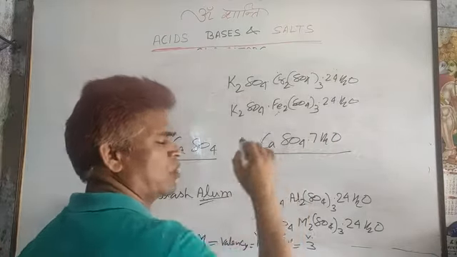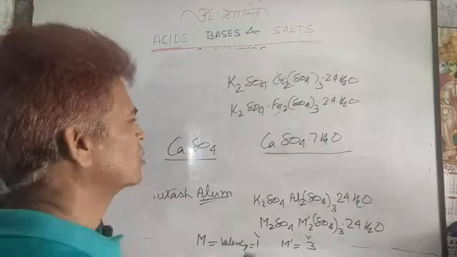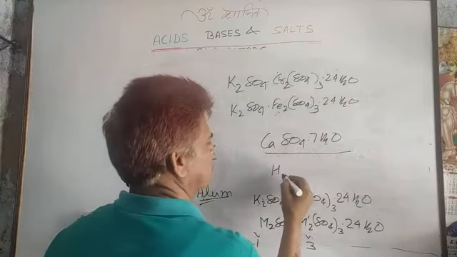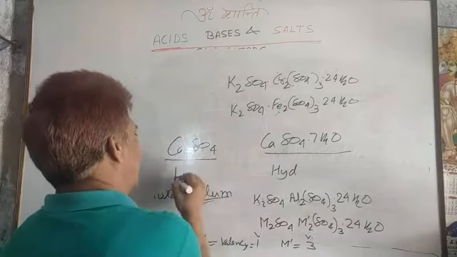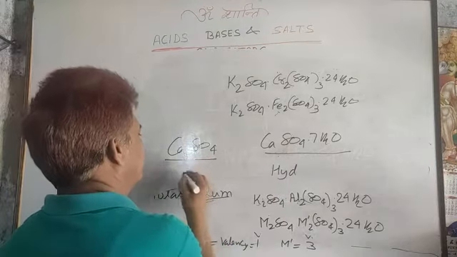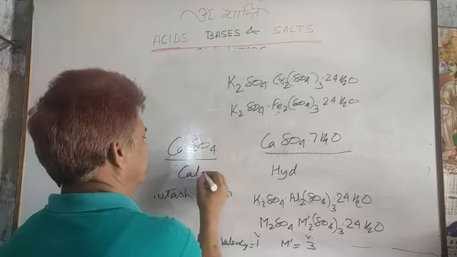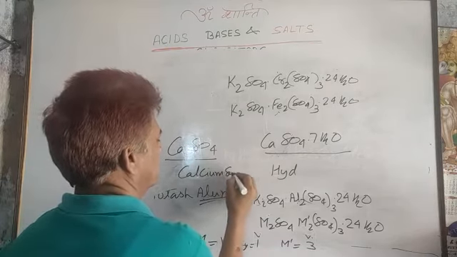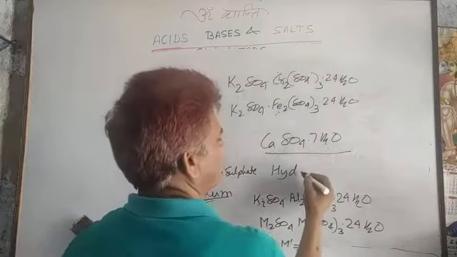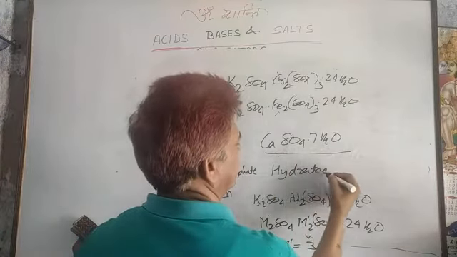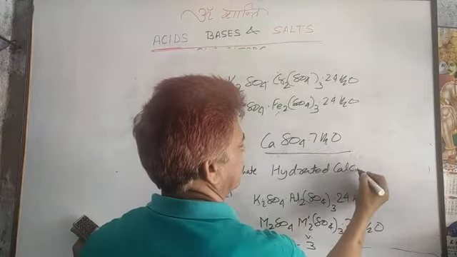Here 7 water molecules are associated together, so it is known as hydrated calcium sulfate. Simply it is known as calcium sulfate, and the other is known as hydrated calcium sulfate.